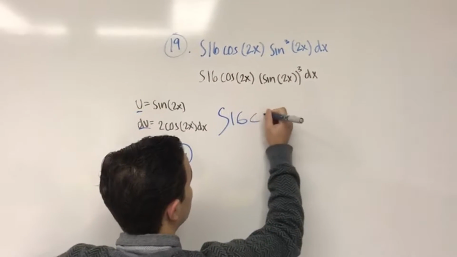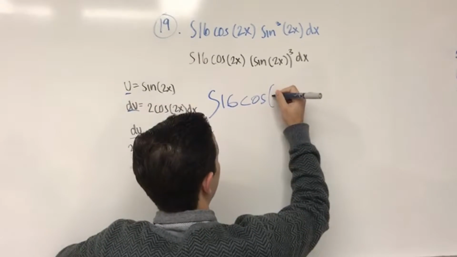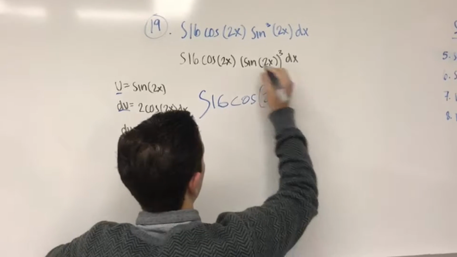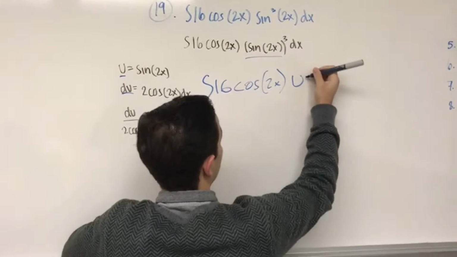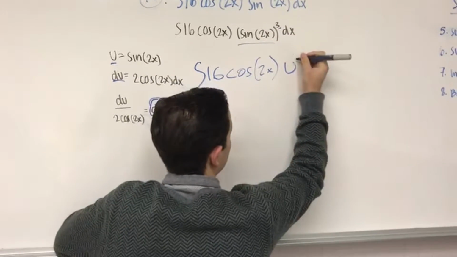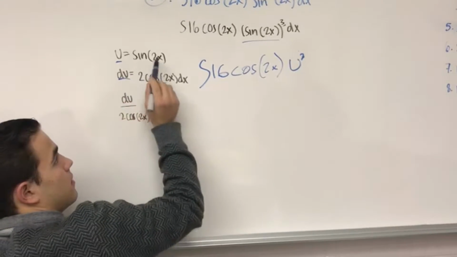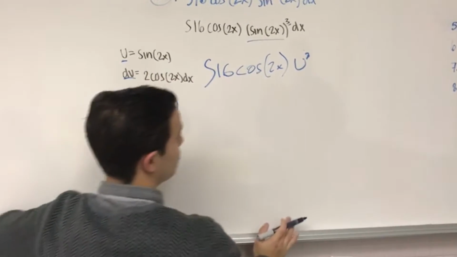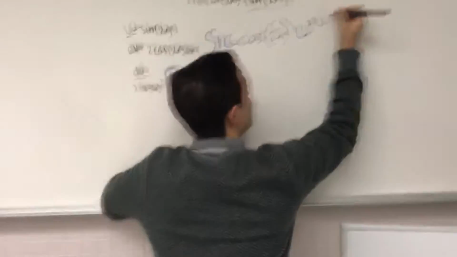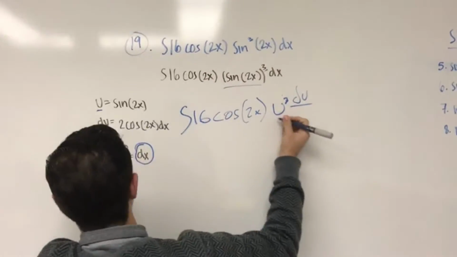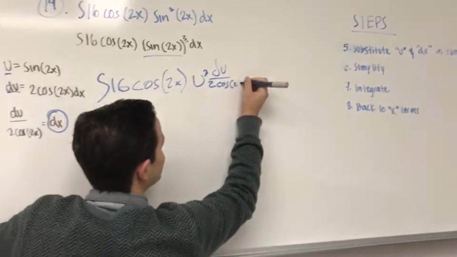We write the other thing just as it is, 2x, and we're going to replace this by the variable u to the 3rd power. And the dx, we're going to replace it by the derivation we did back in the day, which is du over 2 cosine of 2x.